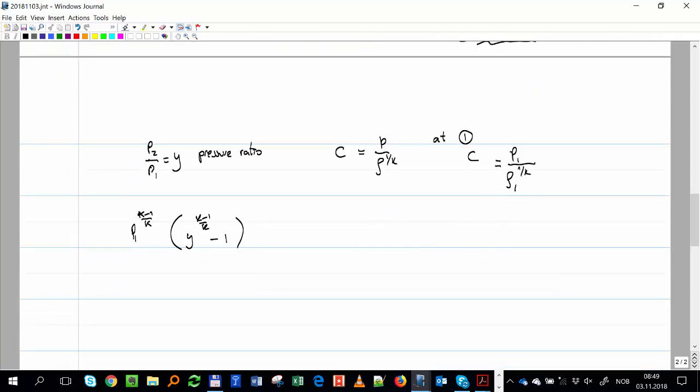Okay, and then C over 1 over K will be P1 1 over K divided by rho 1.